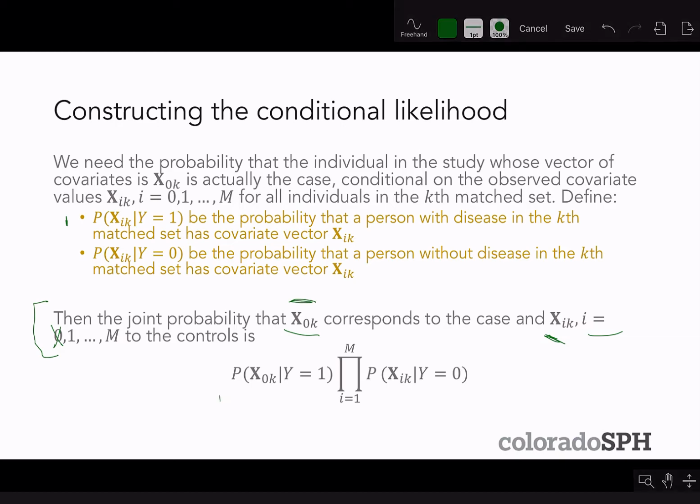Then this joint probability is given by the product of the probability for the case times the probabilities for each of the controls. The reason that we can get this joint probability by just multiplying all of these different covariate probabilities is that we assume that each of these covariate vectors is independent of each other. So you can get the joint probabilities through multiplication.